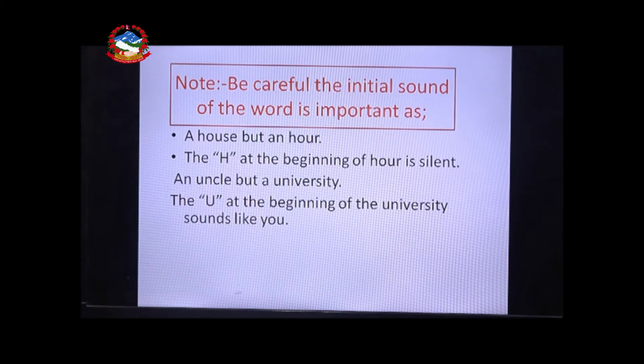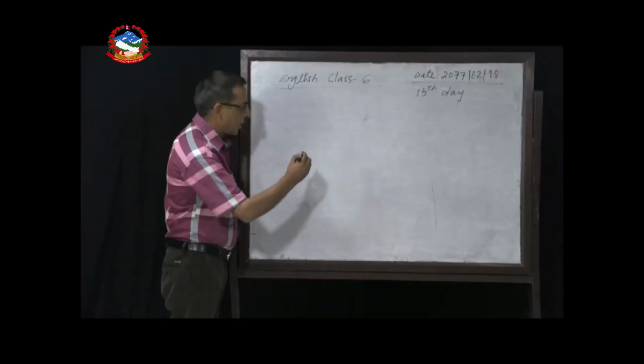We are clear on that. Now, you should be careful. The initial sound of the word is important, as in a house but an hour. Now listen, dear students, I am writing here on the board one example: a house but an hour.